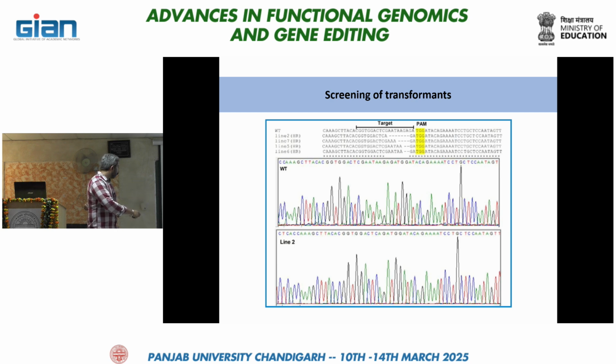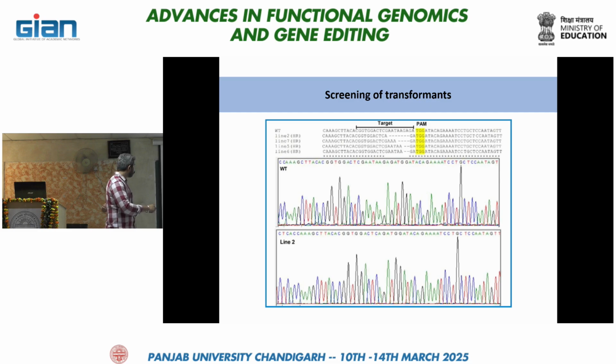So this defines the quality of our sequencing result, and based on this you can align your different sequences. Here this top sequence is the wild type sequence, and these are our lines which I have numbered 2, 7, 5, 6.